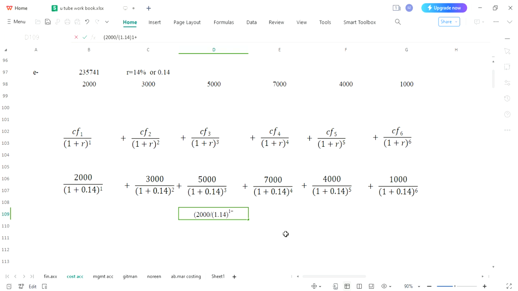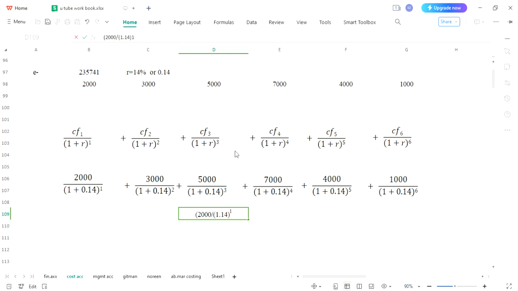And write down plus, okay, here we need to go again over here and formatting.